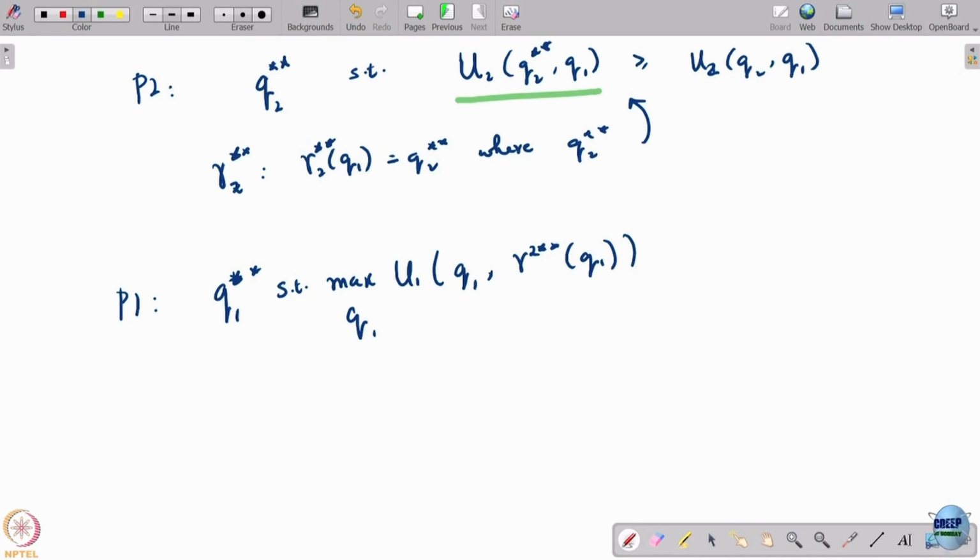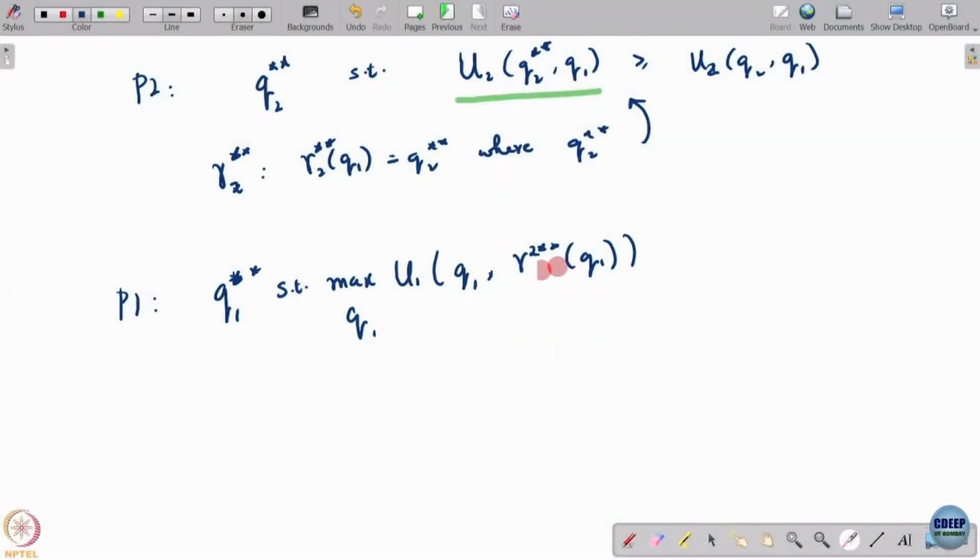You see one thing that has happened here. There is now a dependence here. The quantity that the other player is producing is not fixed in this optimization. It is now a function of what player 1 would produce. So player 1 is anticipating that player 2 is going to respond in an adaptive way. He is going to adapt to whatever quantity I produce, and keeping that model in mind, he maximizes his profit. Is this clear?